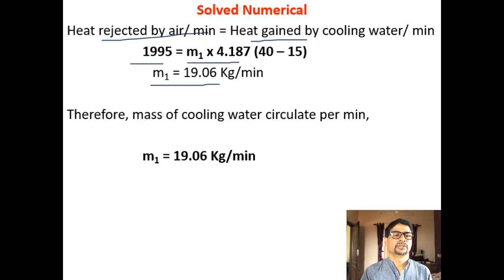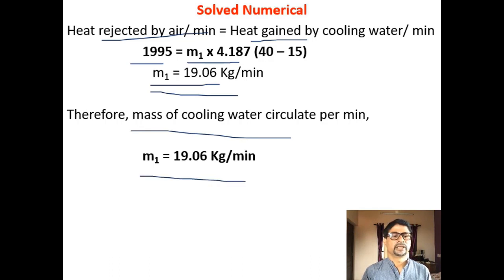If you substitute, you'll get M1 as 19.06 kg per minute. Therefore the mass of cooling water circulated per minute is equal to 19.06 kg per minute. This is your answer. It's the mass of water circulated per minute around the intercooler jacket.